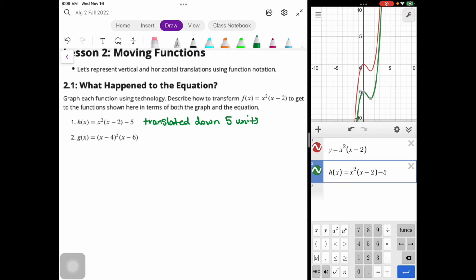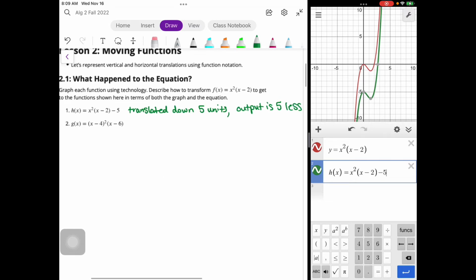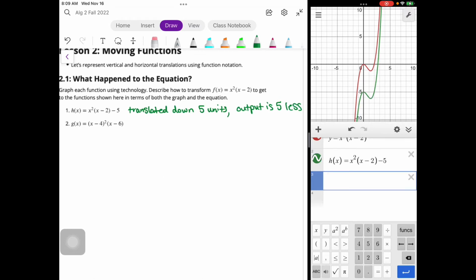Like we have the point 0, 0 here, and then we have the point 0, negative 5. So your y value is 5 units less, and your y value is your output. So if we're looking at the equation, the output is 5 units less.